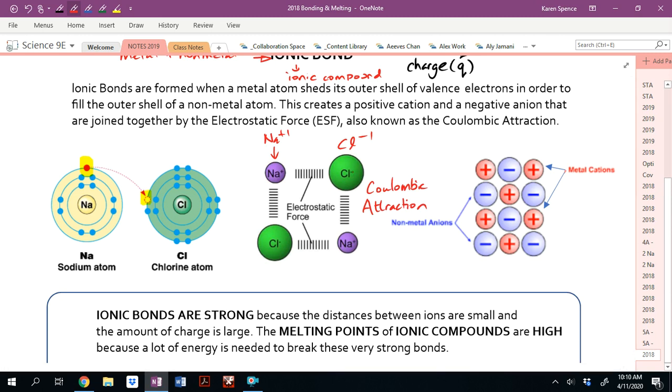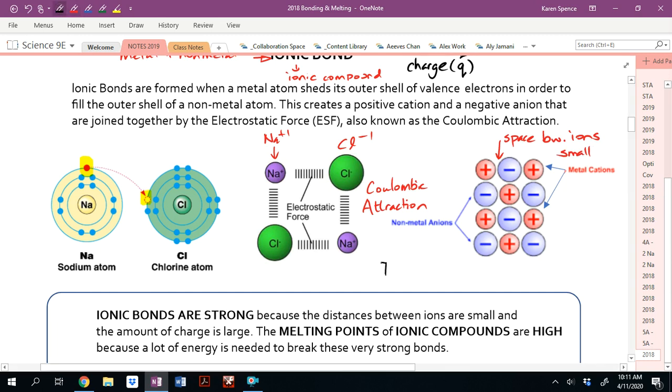Now, if you look at the space between the ions, the space between the ions is small. And if the distance between the charges is small, that means the strength of the force between them is going to be strong.